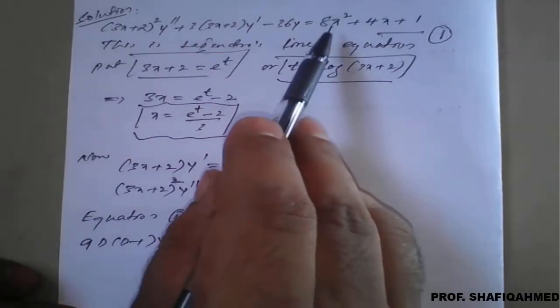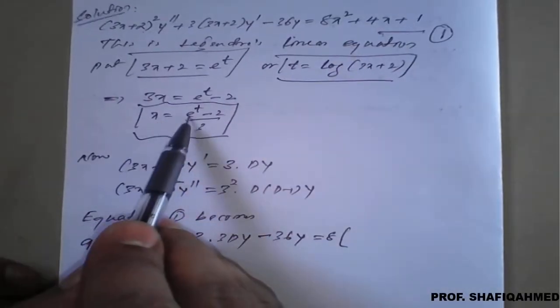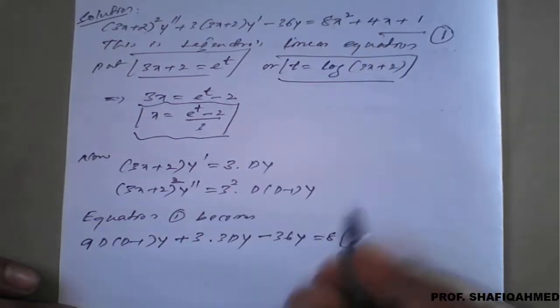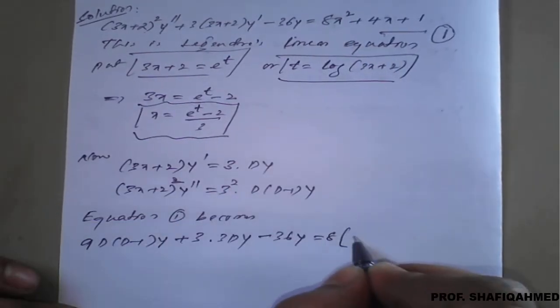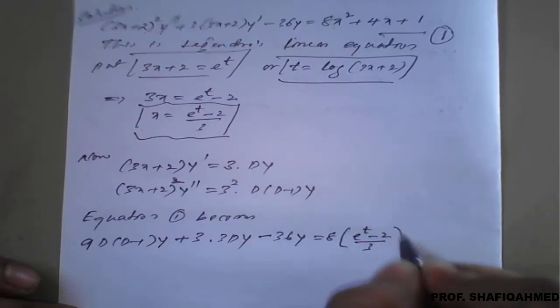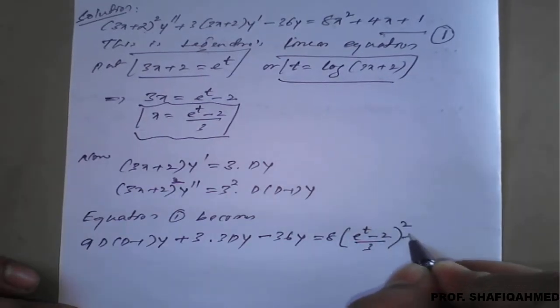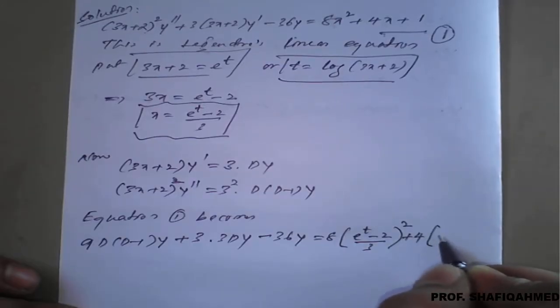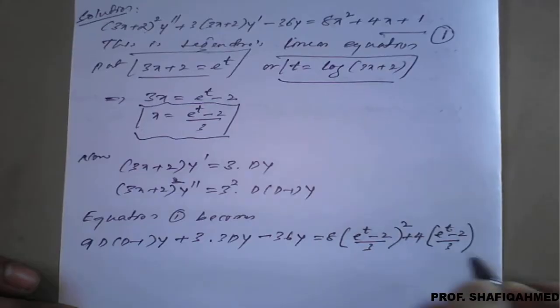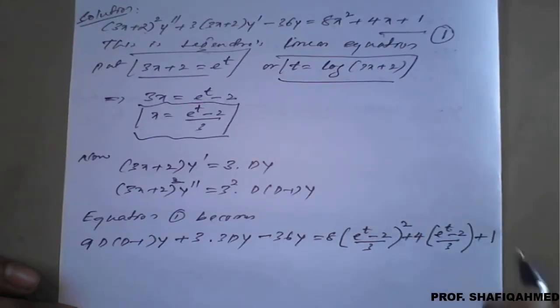We know the value of x is (e^t − 2)/3. So for x², write the x value, ((e^t − 2)/3)², plus 4 times again the x value, (e^t − 2)/3, plus 1.